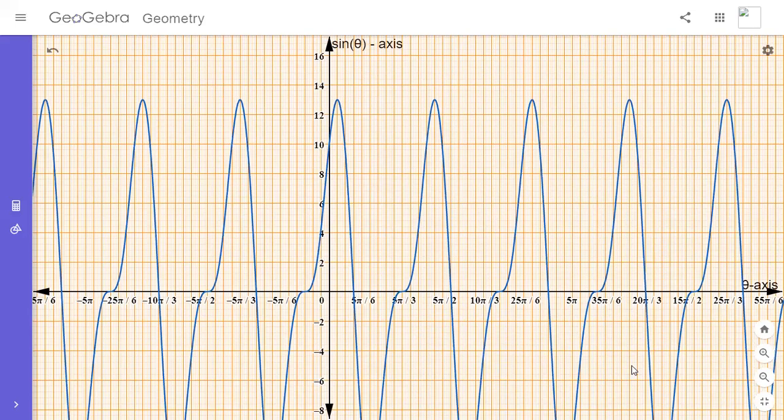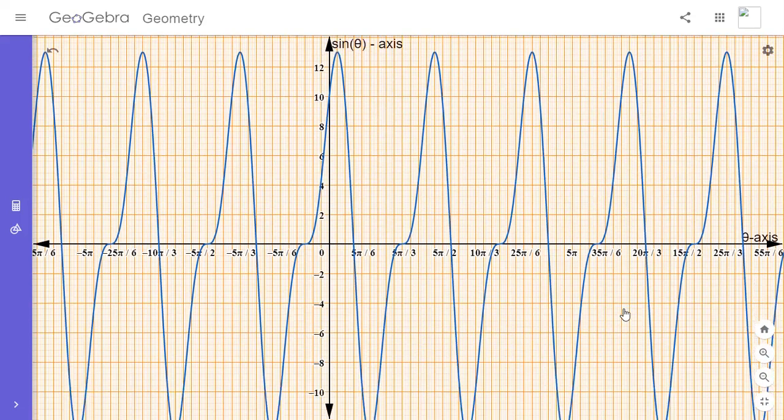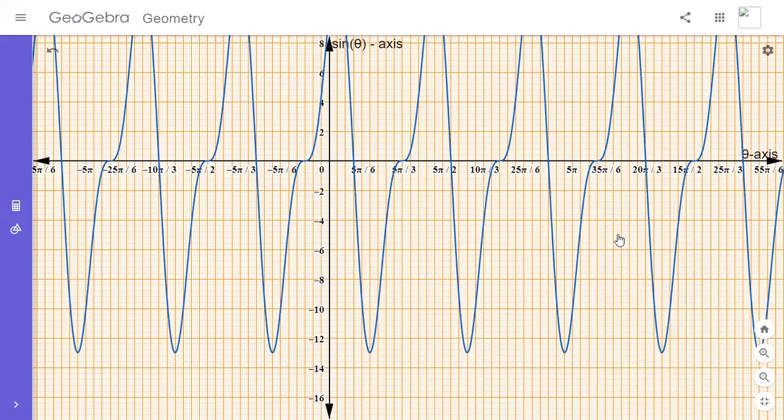Sorry, at theta equals pi over 6 plus 2n pi, we got negative 15 root 3, negative 15 times the square root of 3.